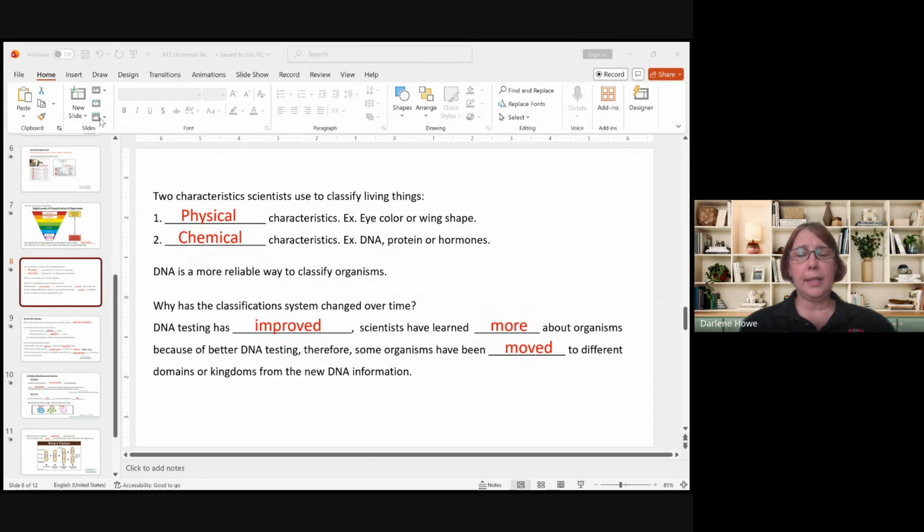Scientists have learned more about organisms because of better DNA testing. Therefore, some organisms have been moved to different domains or kingdoms because they didn't think that they fit in these other kingdoms, and now they do because DNA testing has confirmed or denied that. So DNA has been very important and it has changed the way things work now.